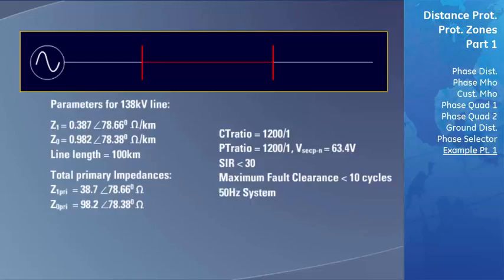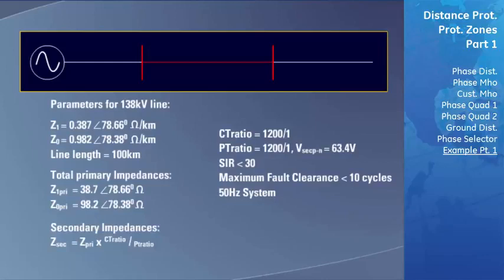All of the impedance settings of the D60 need to be configured in secondary ohms. Therefore, we need to calculate the secondary impedances using the data listed above. Using first principles, the secondary impedances are equal to the primary impedances multiplied by the CT ratio divided by the PT ratio.